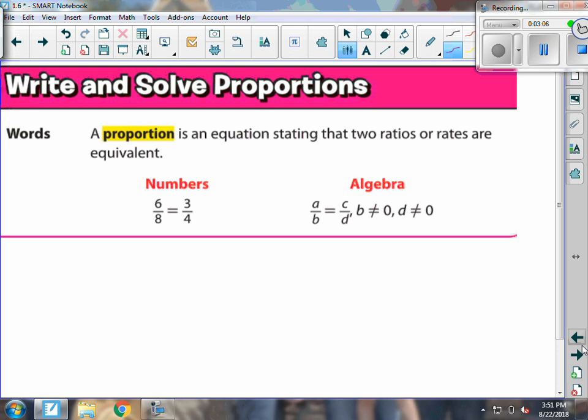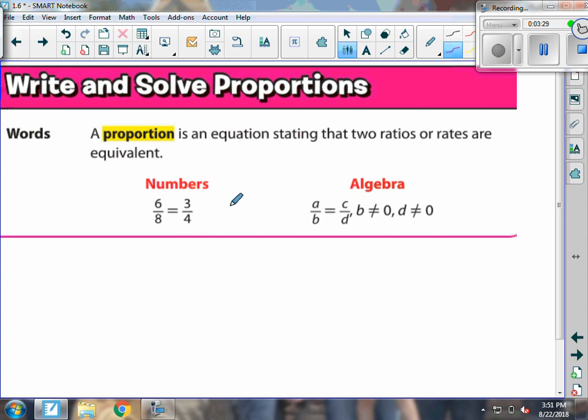Okay, so a proportion is an equation stating that 2 ratios or rates are equivalent. So let's look at this numbers example. 6/8 is equal to 3/4. Well, we know that if we simplify 6/8, that will equal 3/4. So let's think of our cross products now.